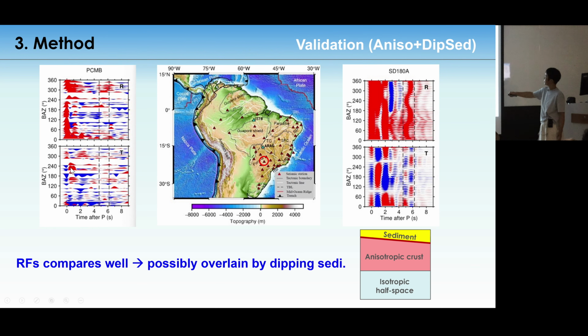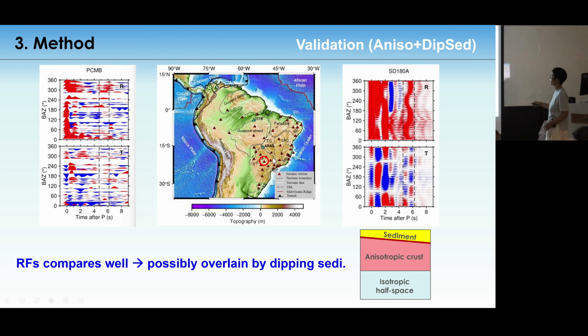We see some strong phases on the T component and on the R component. Initially, we didn't understand why the receiver function looks like this. But when we match this seismic station location with the map, we see that PCMB is located in the middle of the Parnaíba Basin, and the receiver function looks much more complicated than in the cases before.